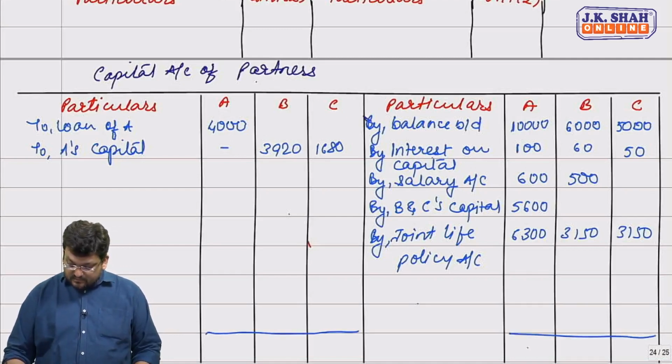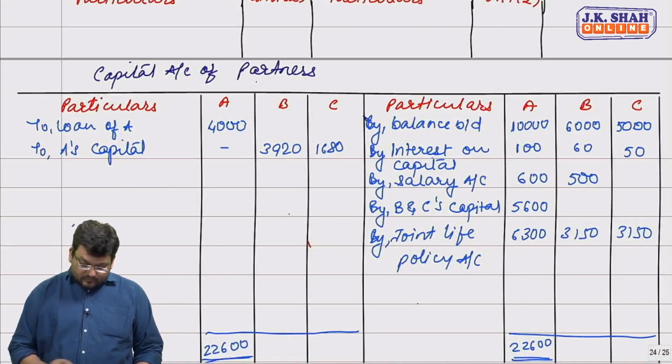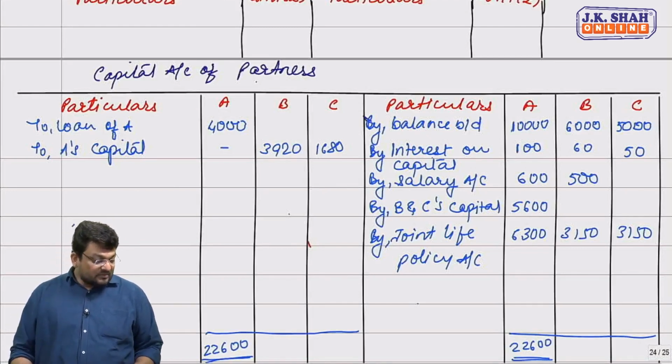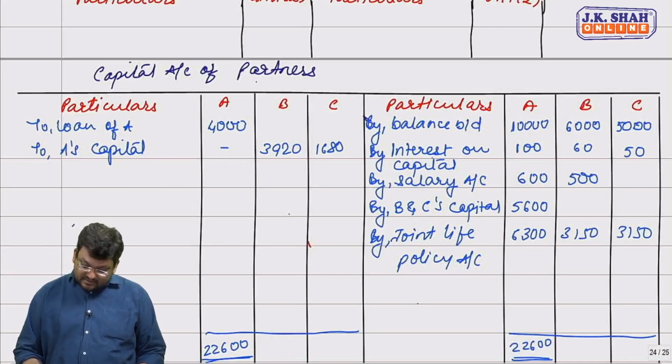$22,600 minus 4,000. Amount payable to A's executor is 18,600.